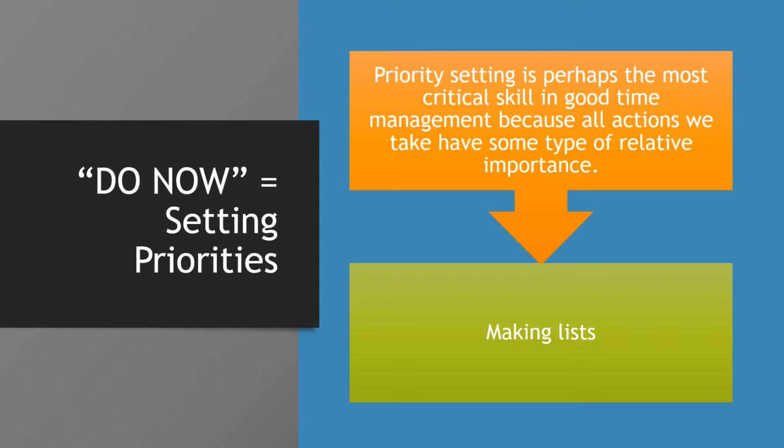When we think about the do now category, the leader manager sets priorities that are critical for the day-to-day operations, but can also prioritize for monthly or weekly items that take precedence over tasks. And this can be done by making lists.